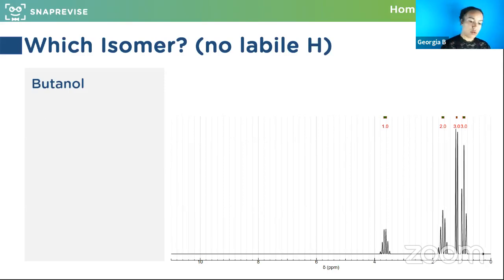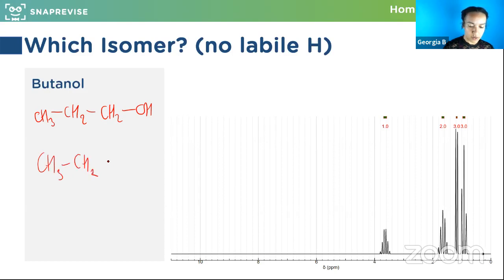Yeah, we've got butan-1-ol, which has the alcohol group on the end. We have butan-2-ol, which has the alcohol group on one of the central carbons. And then, or you could have 2-methylpropanol.